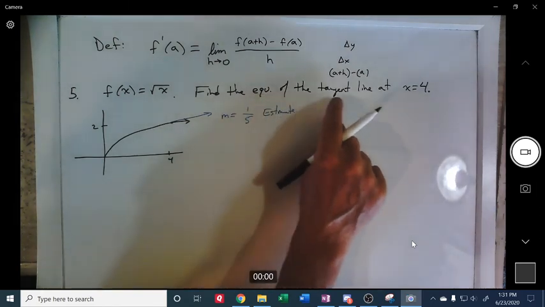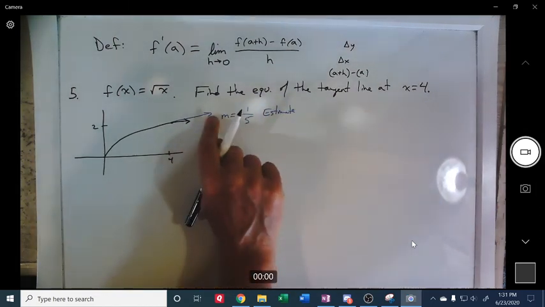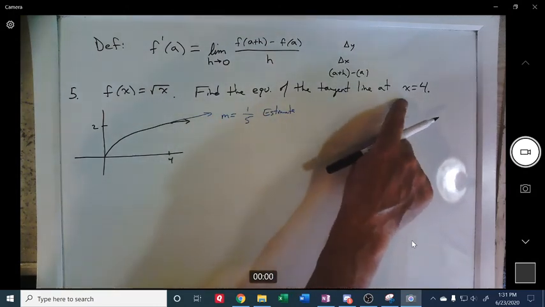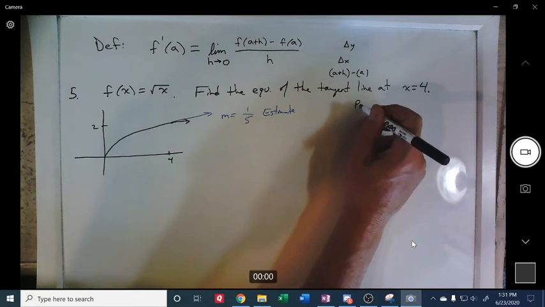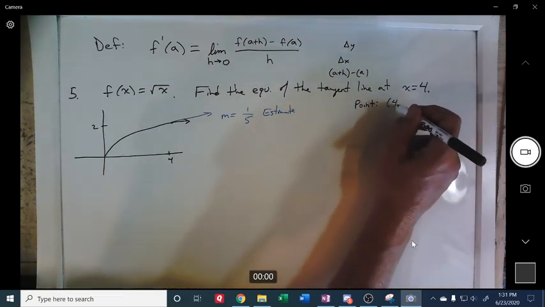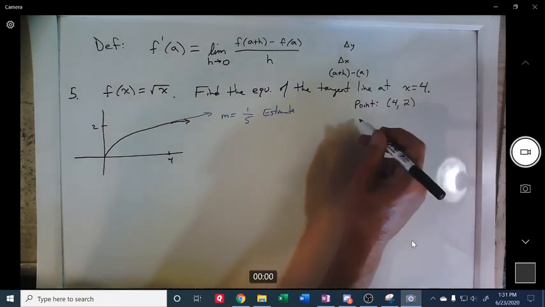Now, to find the equation of that blue tangent line at x equals 4, I'm going to need a point. That part is easy: 4, comma, plug it in, 2. I'm going to need a slope.